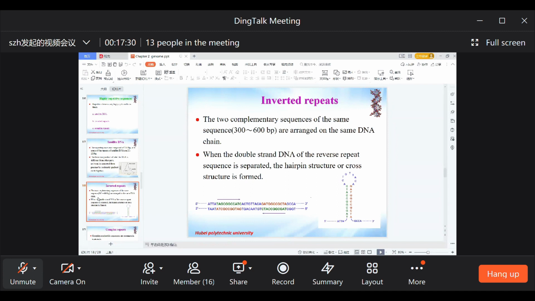It is composed of complementary sequences of the same sequence. The double-stranded DNA of the inverted repeat is separated, and the hairpin structure and the cruciform structure are formed easily. Like this, you can see, it can form the hairpin structure.